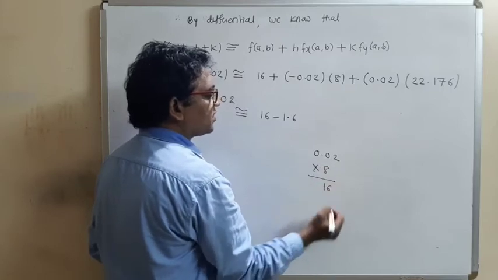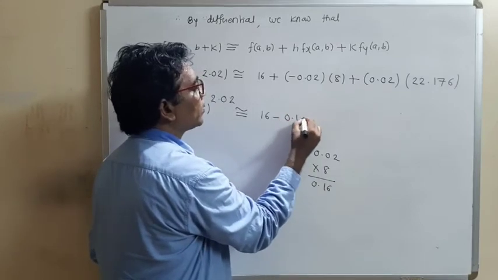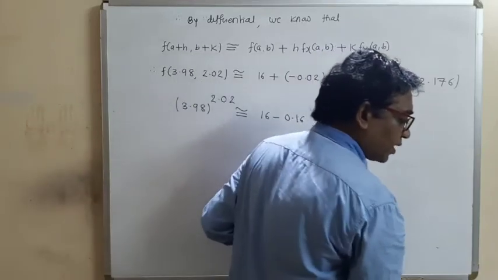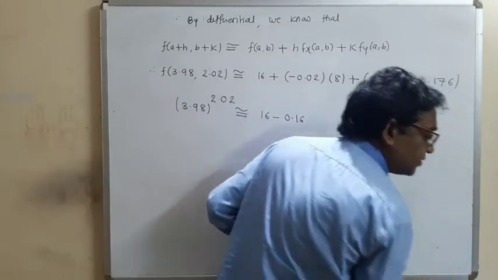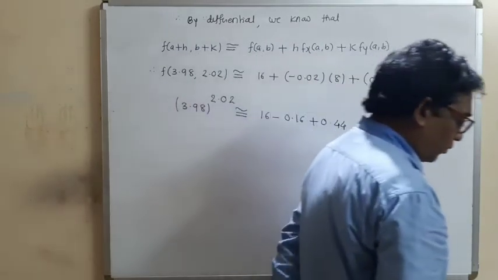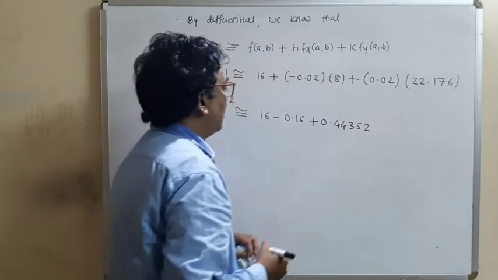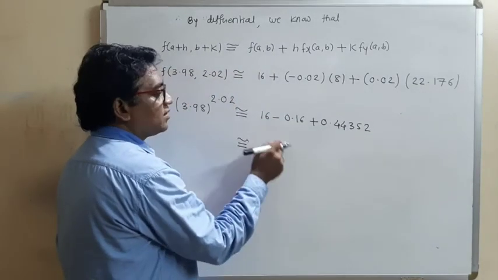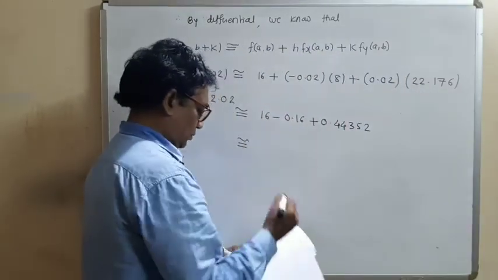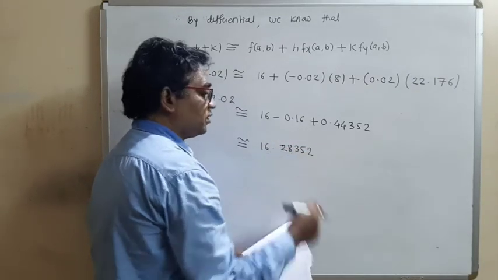So 8 into 2 is 16, and this is the decimal place, so this is 0.16. And 0.02 into 22.176 is 0.44352. What is the final answer? If we add these terms, the final answer is 16.28352. So this is the final answer.